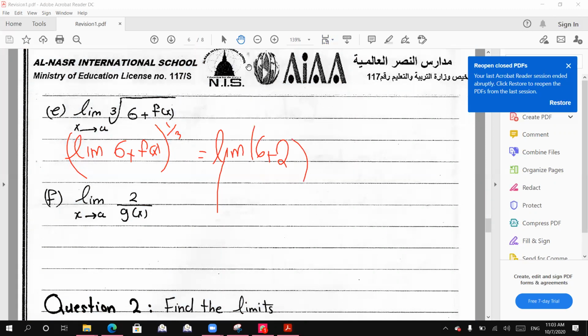It's 2. So the answer will be 8 raised to the power 1 over 3. Or can I rewrite it as the cubic root of 8? What is the cubic root of 8? 2. So the answer here is 2.